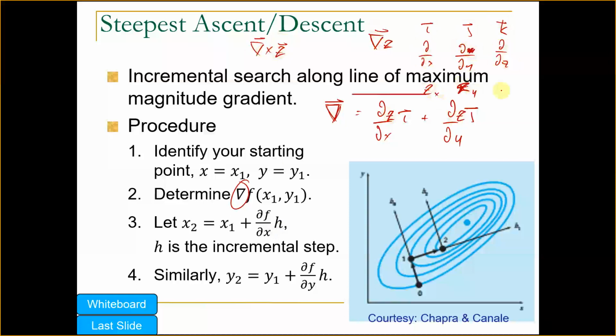This is statics-ish. Huh? There's a cross product. It's called the curl. So this one was the grad of z. Now this is the curl of z.